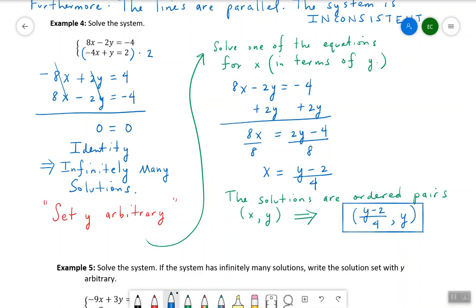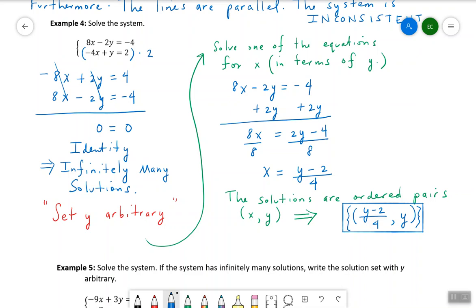And so this is the form of the solutions. Actually, I want to put curly braces as well to say that this is the set of all ordered pairs where y is any real number, and then x has this particular form. x is y minus 2 over 4. So there's the solution that we're looking for.